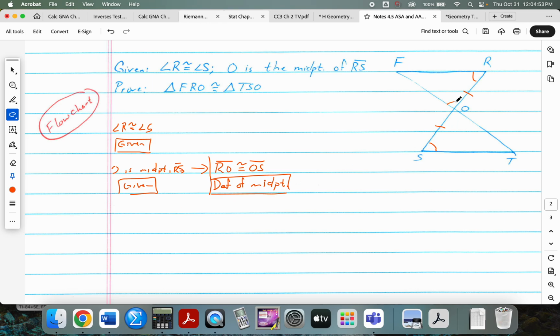So these two vertical angles have to be congruent to each other. Angle FOR is congruent to angle TOS. How do I know that? Yeah, vertical angles are congruent.